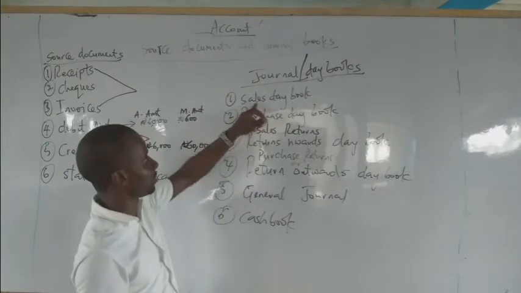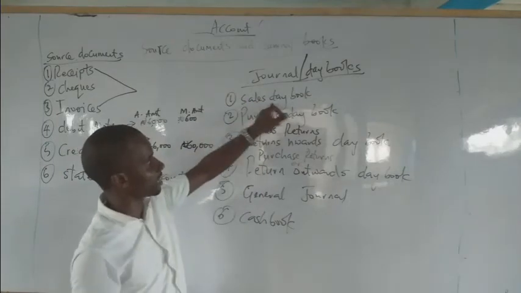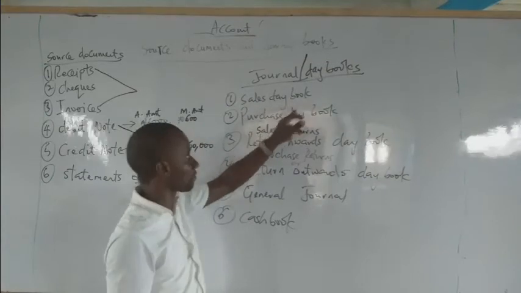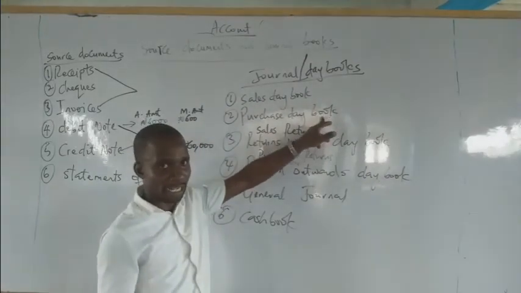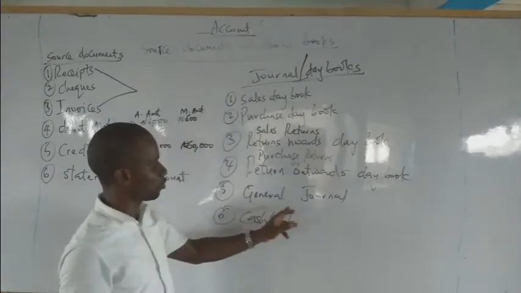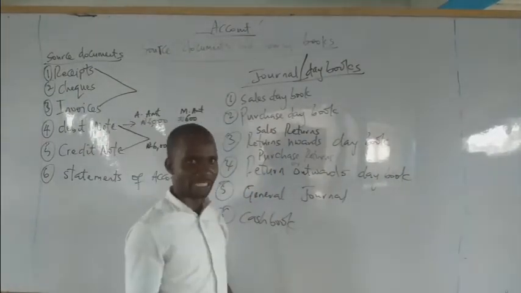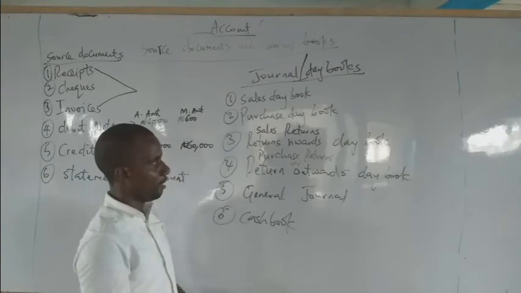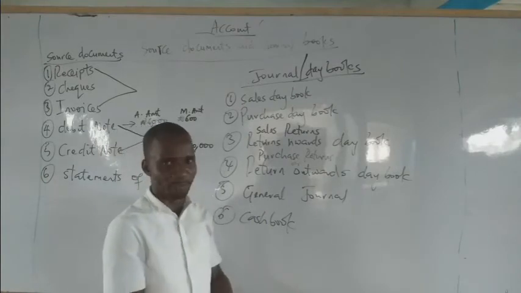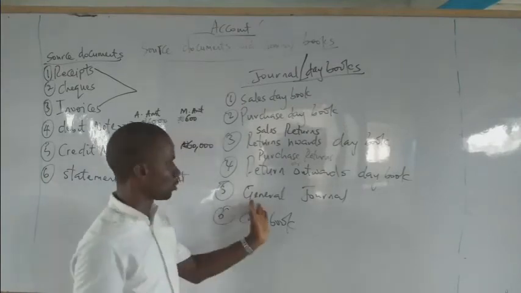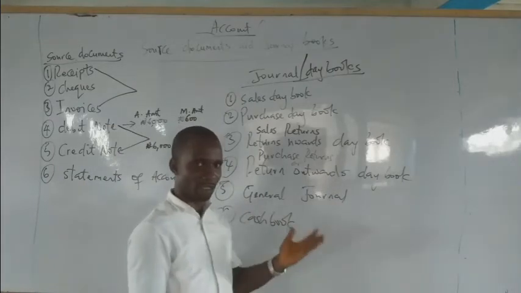So take note, this one is only used to record credit sales. This is used to record credit purchases. Then all other items that are not recorded here, like fixed asset buying, opening balances and closing balances, are recorded in the general journal.